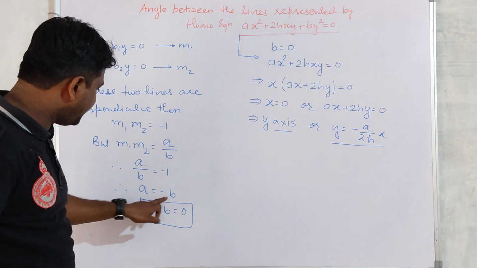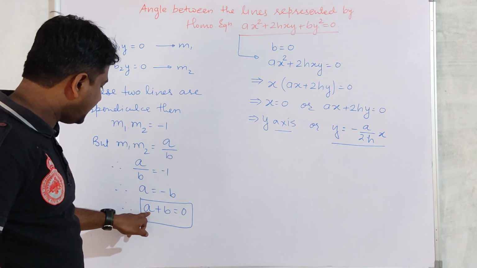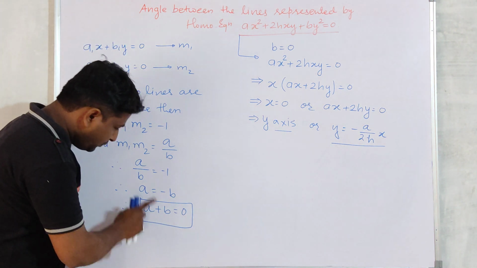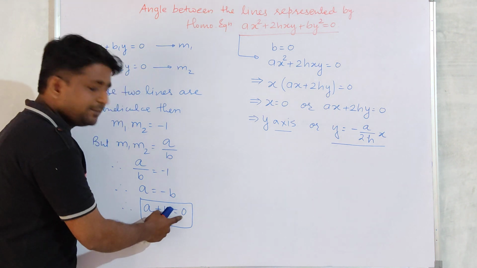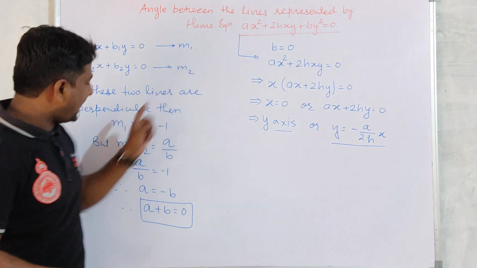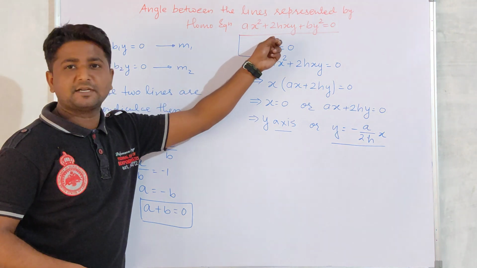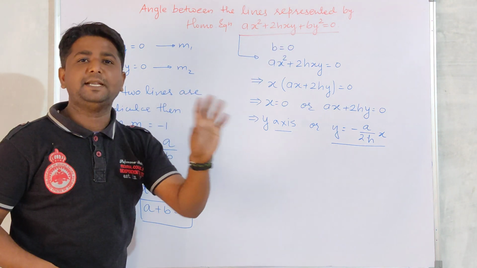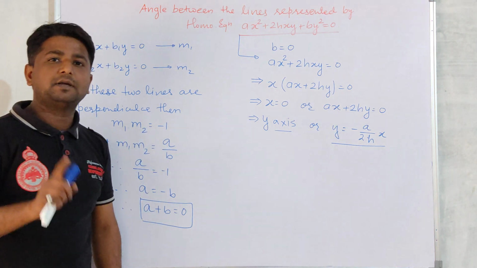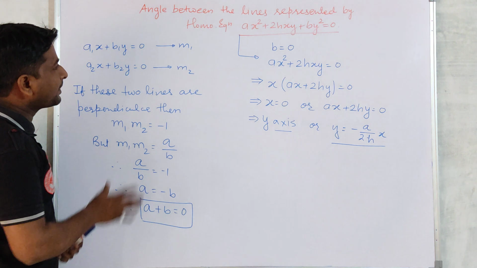It means a will be equal to minus b and a plus b will be equal to 0. So whenever a plus b is equal to 0, the two lines represented by this equation are perpendicular to each other, or the angle will be a right angle, or 90 degrees.